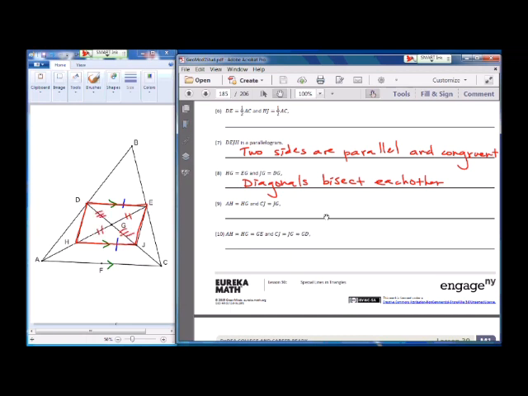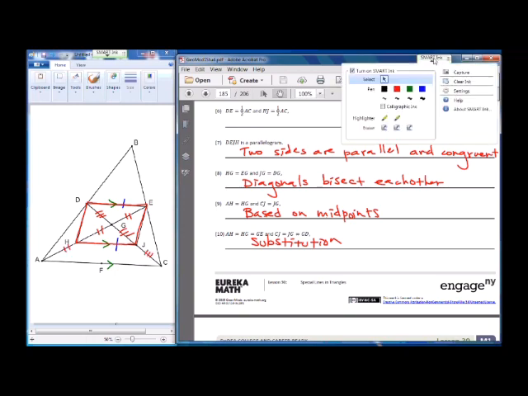Step 9 says AH is equal to HG, and that's true because point H is the midpoint of segment AG. And CJ is equal to JG, again because J was constructed to be the midpoint of CG. Step 10 says that AH is equal to HG, which we just proved, which is also equal to GE, which we said earlier, by substitution. Similarly, CJ is equal to JG, which is also equal to DG, which we proved earlier.